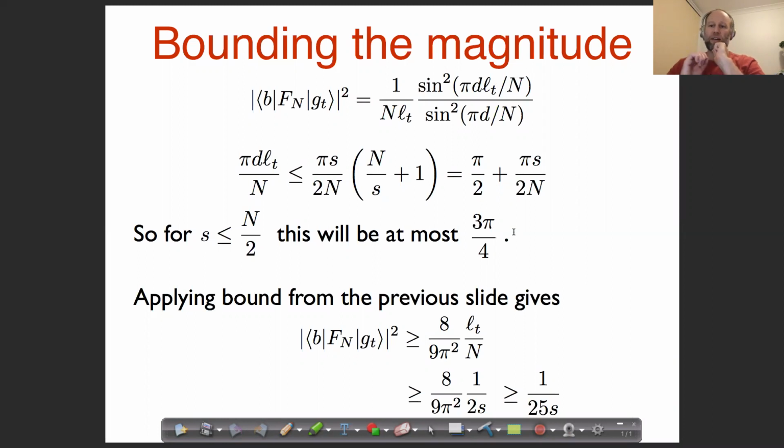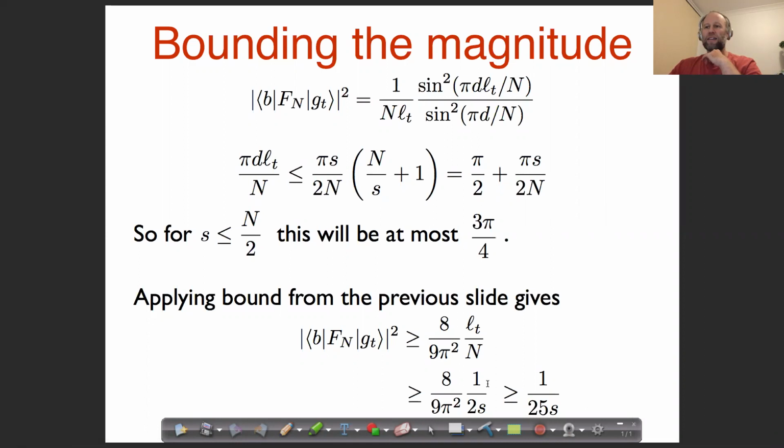So now we can apply the bound from the previous slide, and that tells us that this magnitude squared is at least 8 over 9 pi squared times LT over n. And again, we know that LT is going to be at least n over 2s, just as a rough bound.